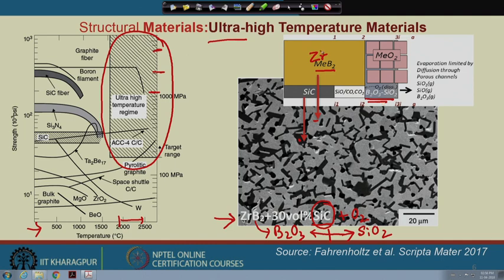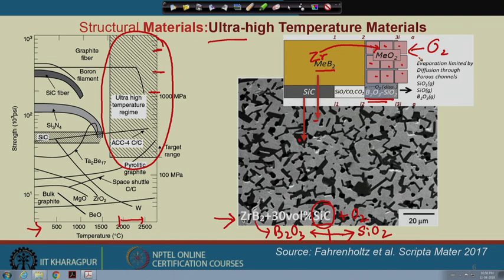So, the zirconium forms oxide and remains as dispersed particles inside a borosilicate glass, and this borosilicate glass simply protects the oxygen ion from entering into the metal, and this helps the material to survive at very high temperature, and this is a protection mechanism.